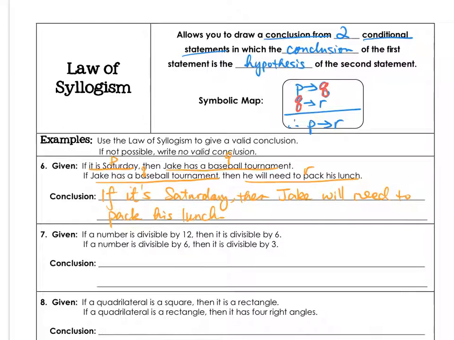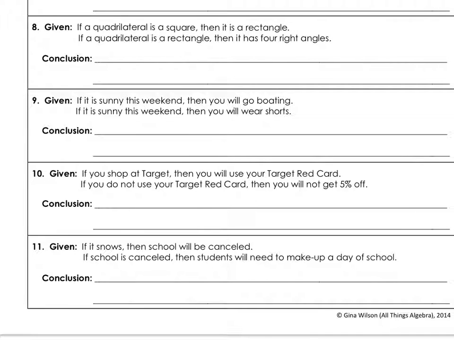Okay. I think I'm okay with the next one. You should be able to do number 8 as well. Number 9, let's see. If it is sunny this weekend, then you will go boating. If it is sunny this weekend, then you will wear pants. So I have if P, then Q. And then if P again, then R. So it doesn't fit my symbolic map, right?